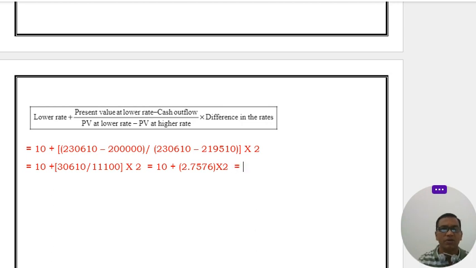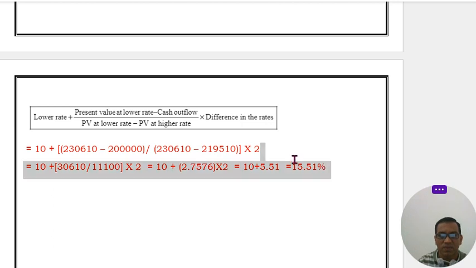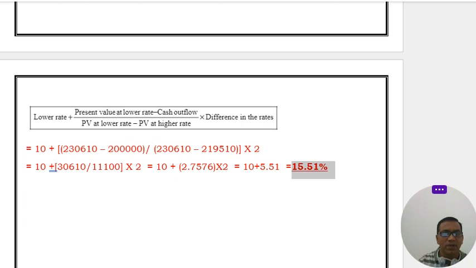The final answer is 10 plus, multiplying with 2 gives you 5.51. So that equals 15.51. The IRR is 15.51%, my dear. This is the value, our answer, IRR.